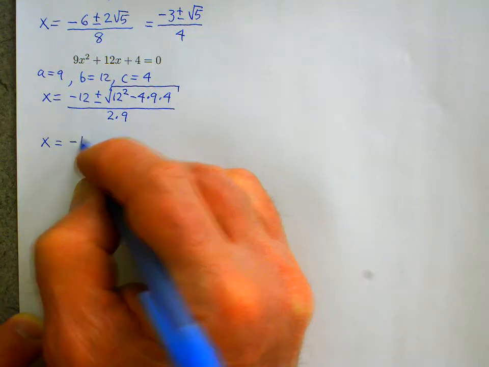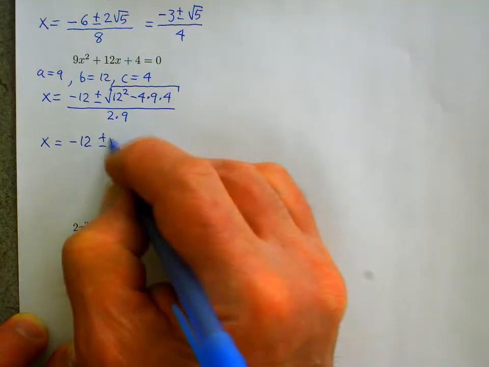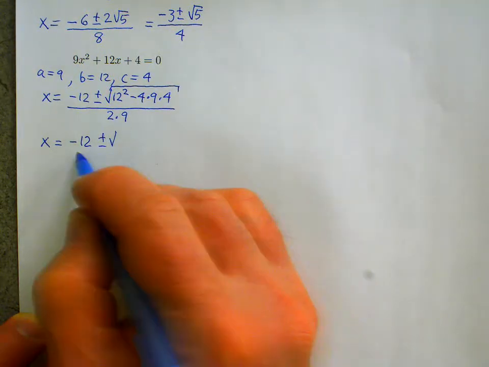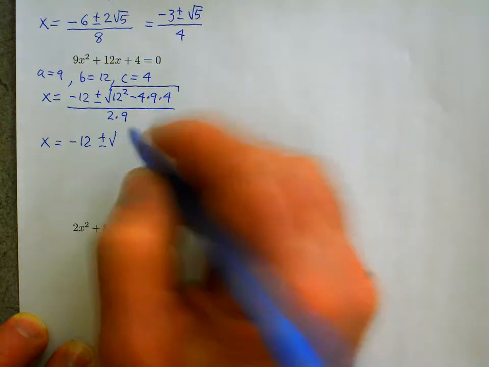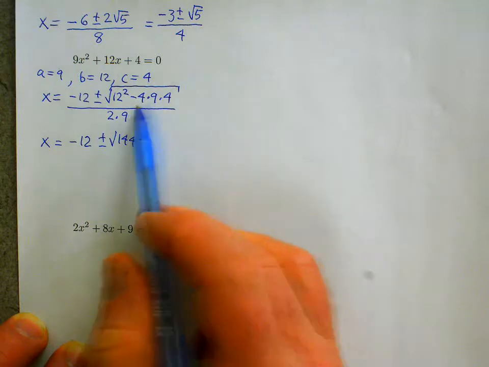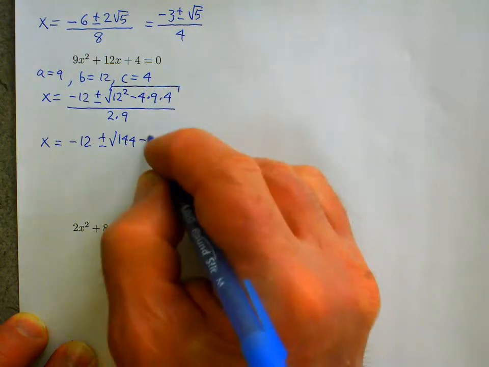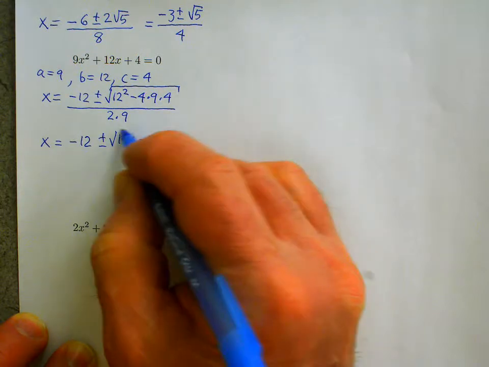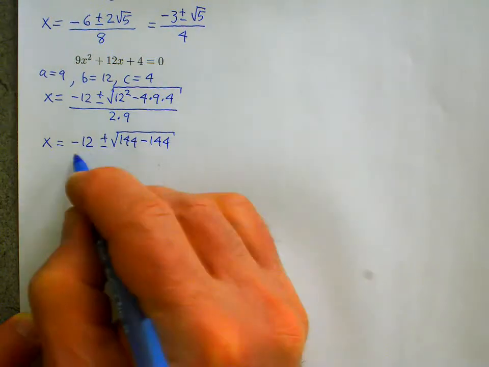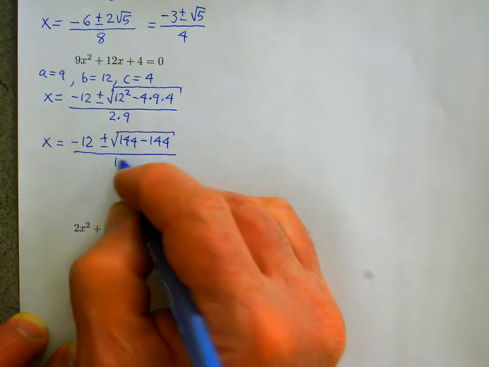And then we do the arithmetic. X equals negative 12 plus and minus the square root of some number. 12 squared is 144. And 4 times 9 is 36, and 36 times 4 is 144. And then we're dividing by 2 times 9, or 18.